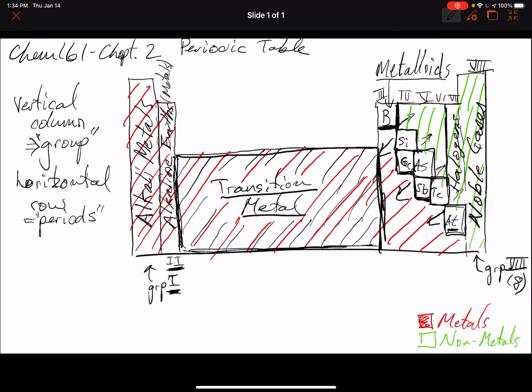That helps us identify the boundary between metals, shown as the red territory, and the nonmetals, shown as the green territory. And then 4 special columns in here: alkali metals, group 1, alkaline earths, group 2, halogens, group 7, and noble gases, group 8.